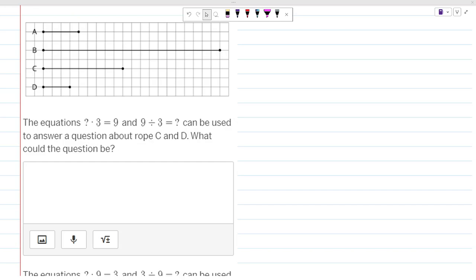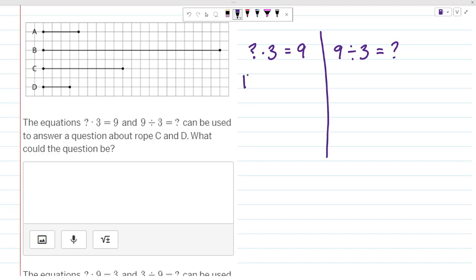So first let's think about what these equations mean. Let's say that we had no context and we just saw these equations somewhere. How could we already interpret these? Well, this equation, question mark times 3 equals 9, let me go ahead and divide this out.